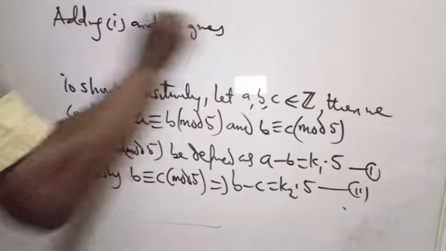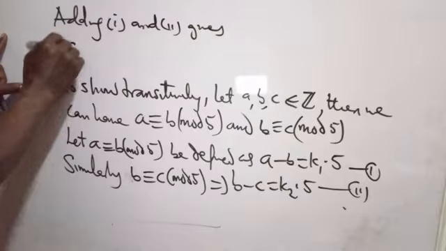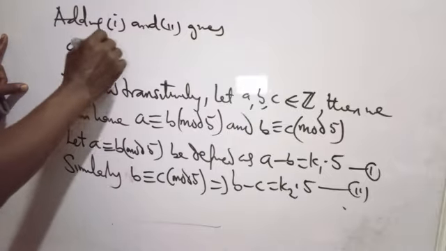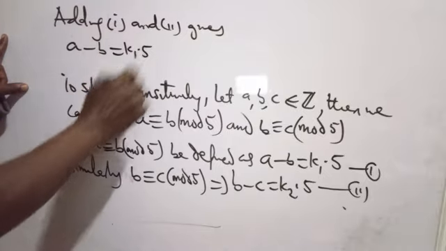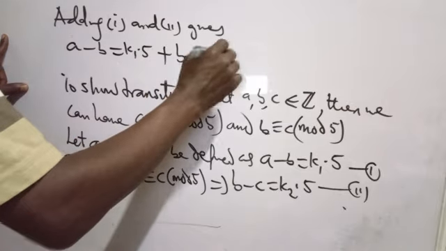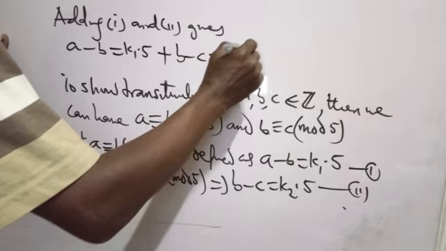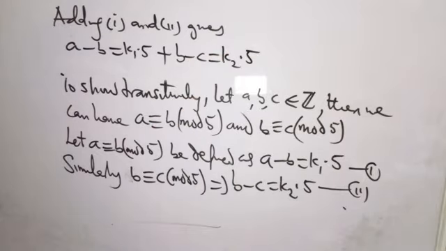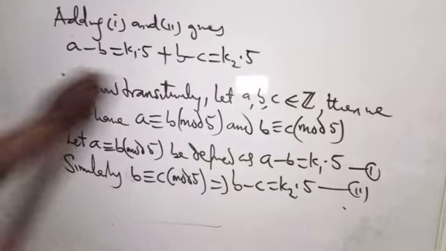Adding 1 and 2 gives A minus B equals K1 dot 5, plus B minus C equals K2 dot 5. Now add the left together and add the right together.